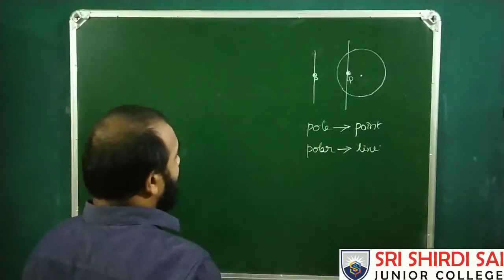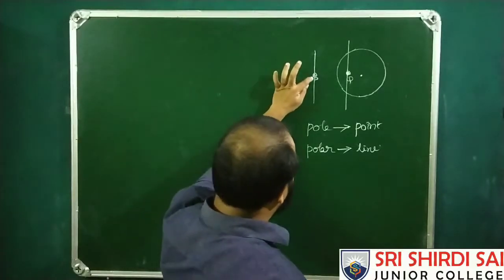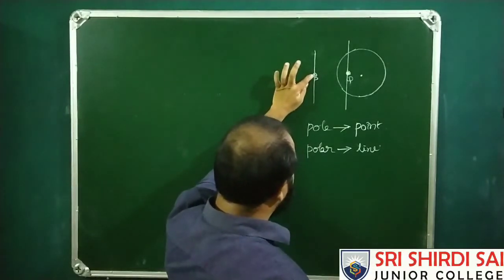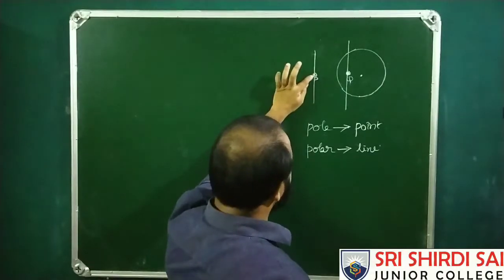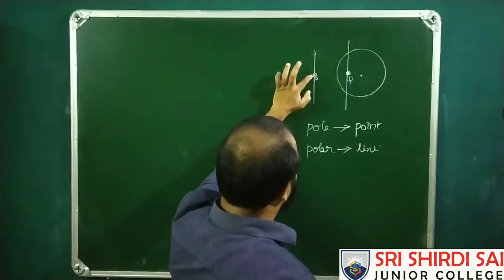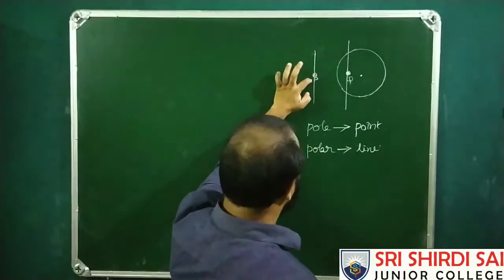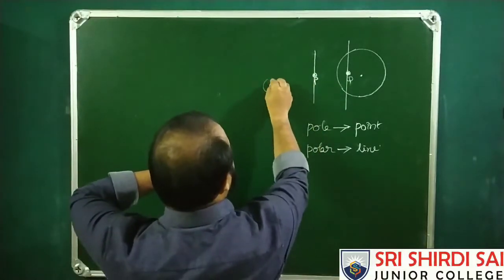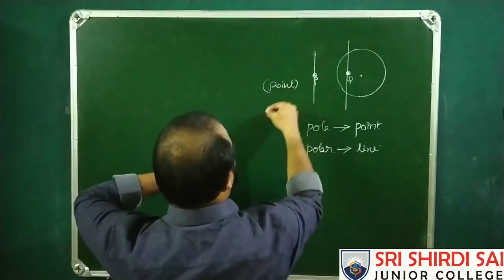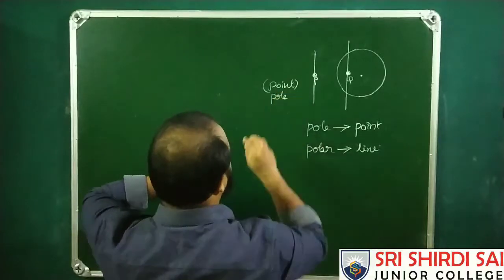So let us suppose that the point P lies outside the circle. Then the polar of this point P, that means it is a pole. P is a point or pole.